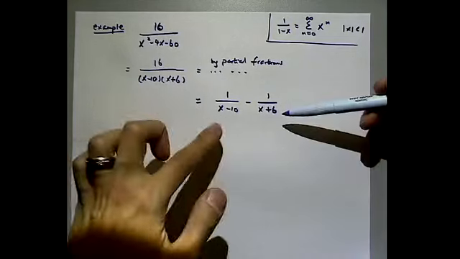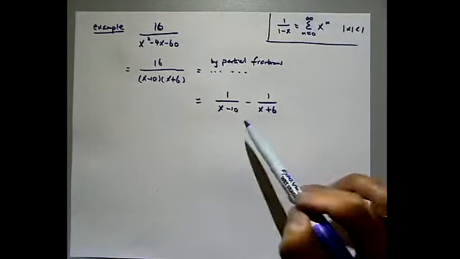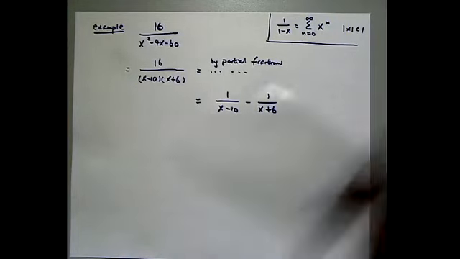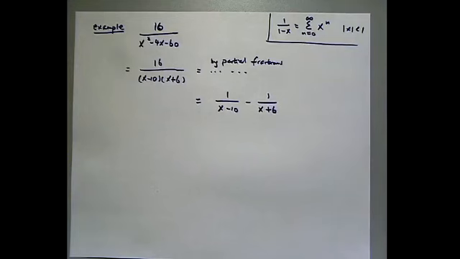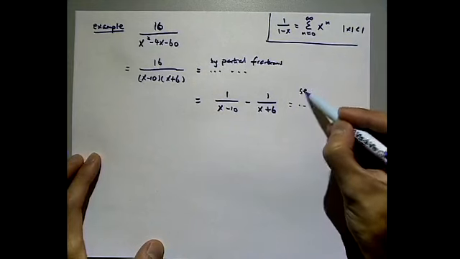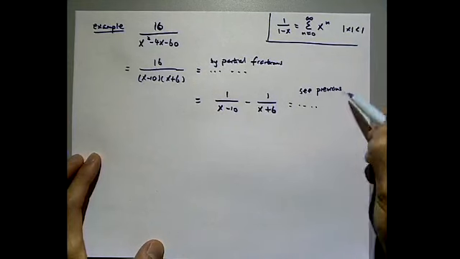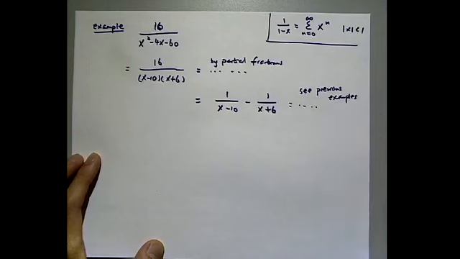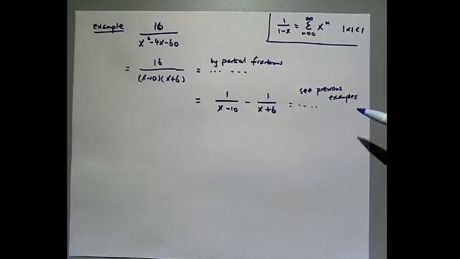Okay, and then you deal with this thing, making it look like 1 minus x, factor the 10 out, factor the 6 out, 1 minus quote x, get 2 series, and so on. Okay? So see previous examples. Okay, does that make sense, the idea here? The step you have to do, obviously, can be a little bit involved, but does the basic idea make sense? Yes? Yes, good, thanks.